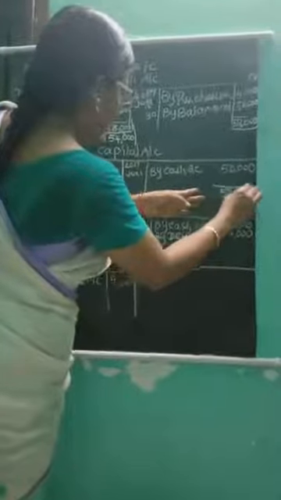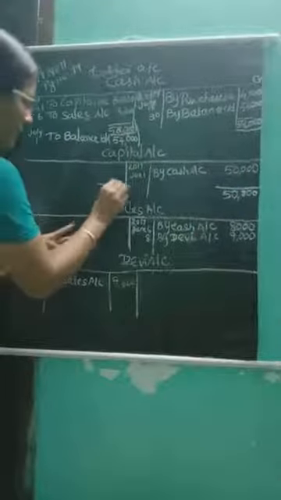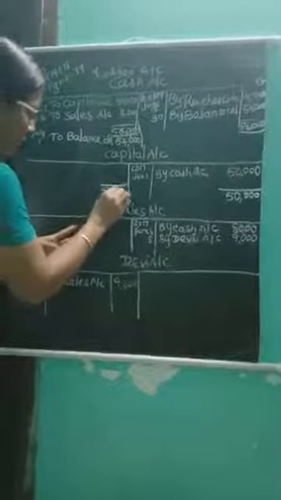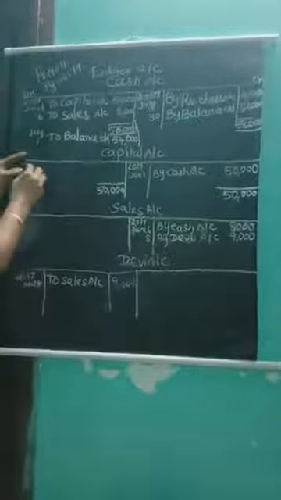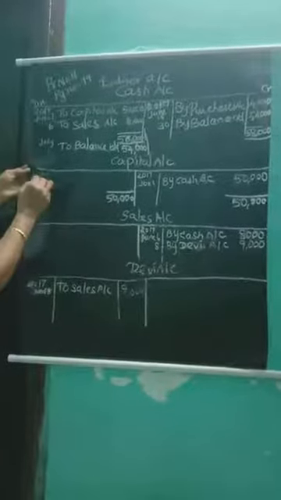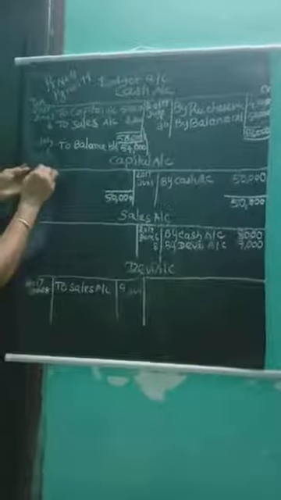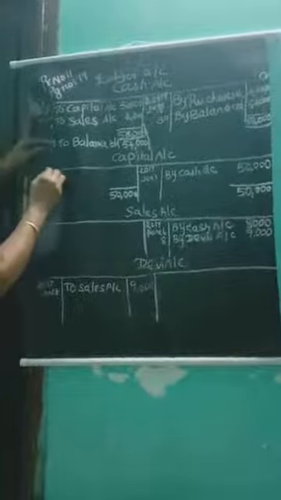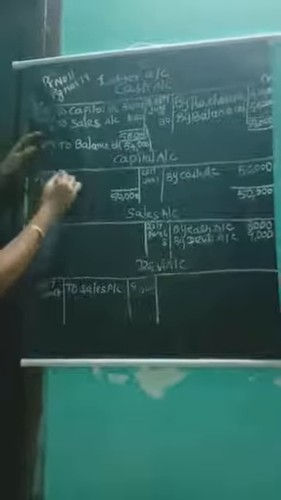Then next let us do the capital account balance. You can write here also 50,000. Here also 50,000. Month end we are going to write the balance. June 30, 2017.